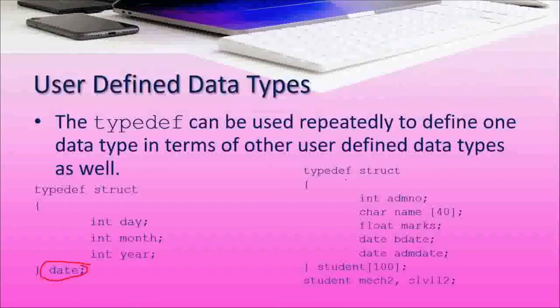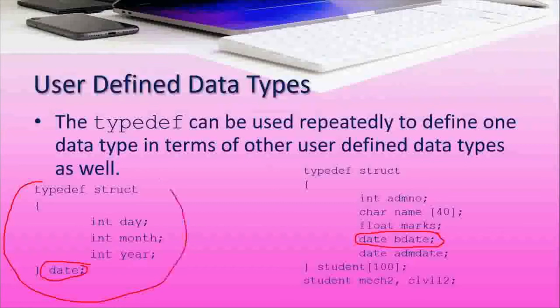Within this particular structure, the different elements are int admission number, char name, float marks, Date bdate. See, Date bdate. We are not using the struct keyword here, because the string Date is used to denote this particular structure.